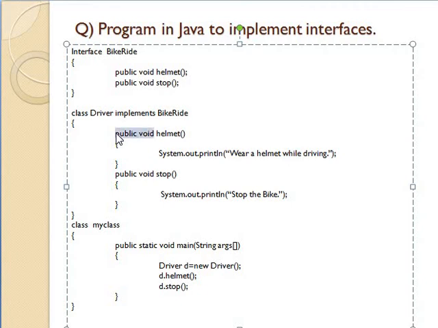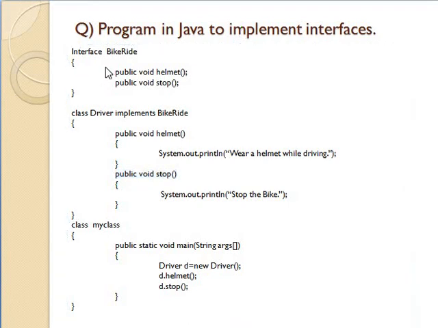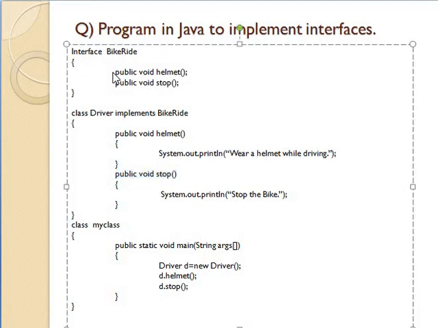This was the first method, public void helmet, and this was the second method, public void stop. These methods declared inside the interface shall be created inside this class driver, and when they are created, they also contain the body part as shown in this program.